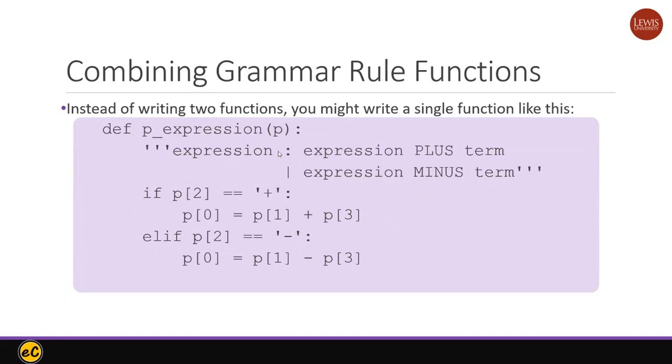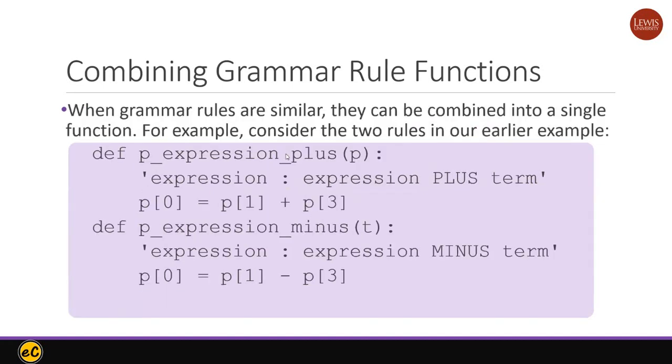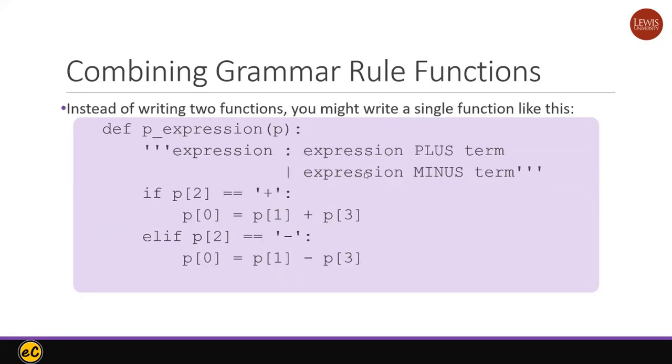If you combine these two rules together, you will do this. These are two rules, plus and minus. But if you want to combine them into a new expression rule, you can write it this way and then use if-elif. Any question?